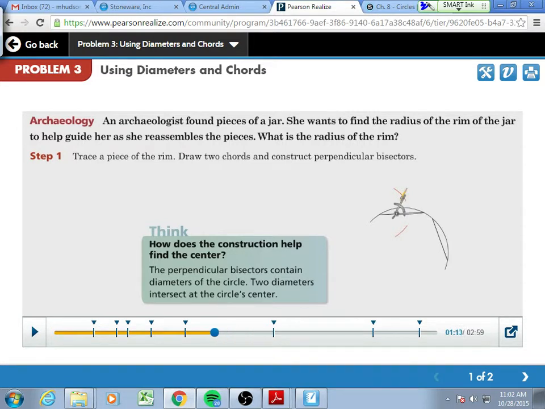To do this though, to make sure that the distances are equal, we can use a compass. We can lock the compass and make the arcs on the outside of our circle and the inside. And then we connect those two intersections of the arcs. And then if I do it again, it'll find my radius or my center point where those two lines touch.